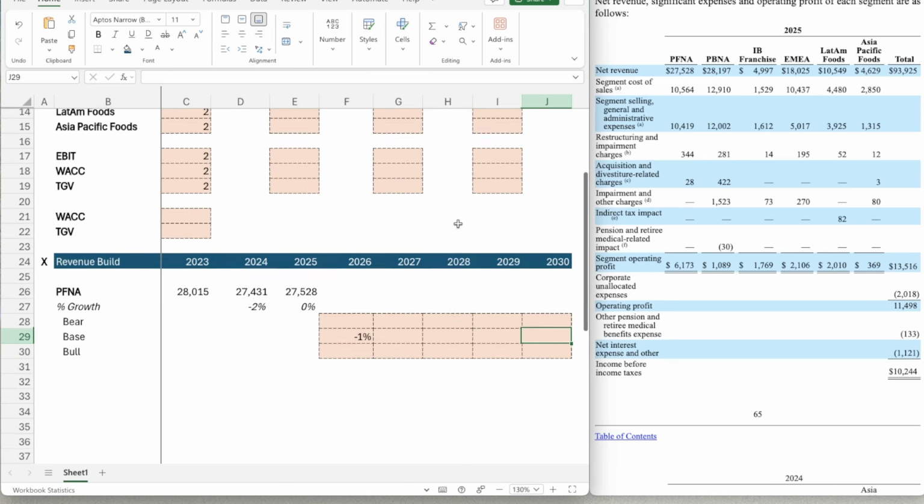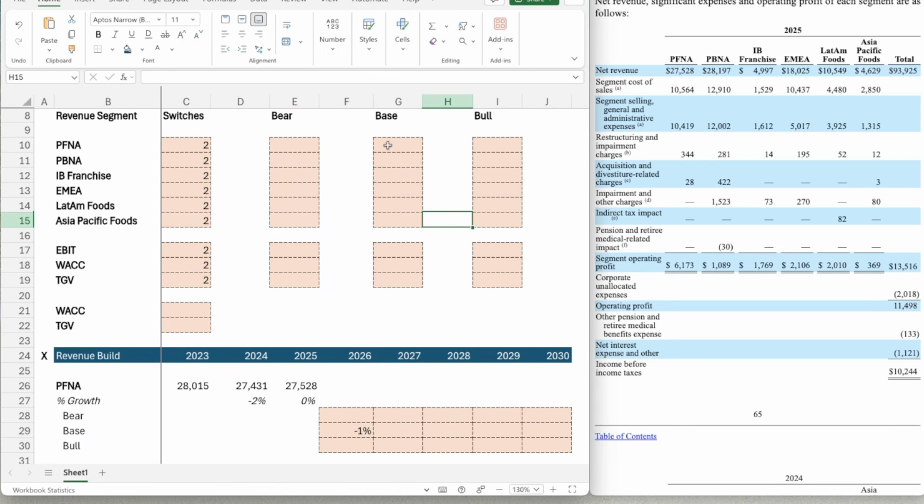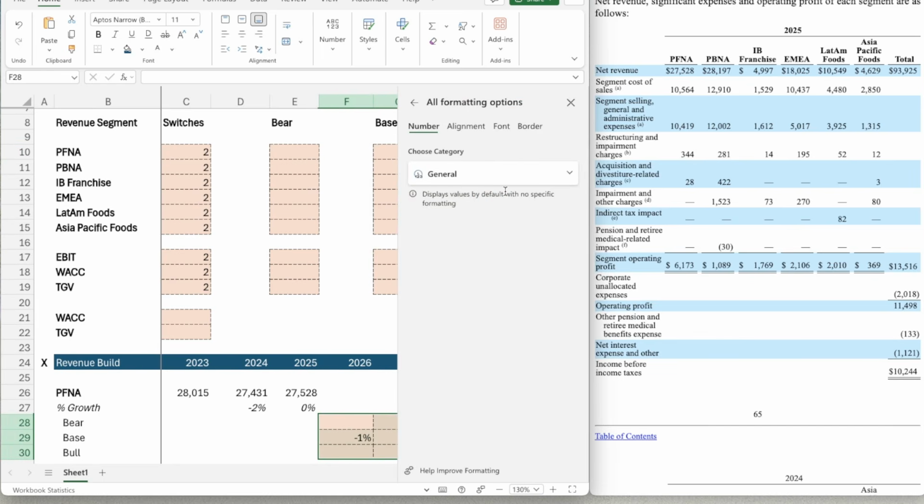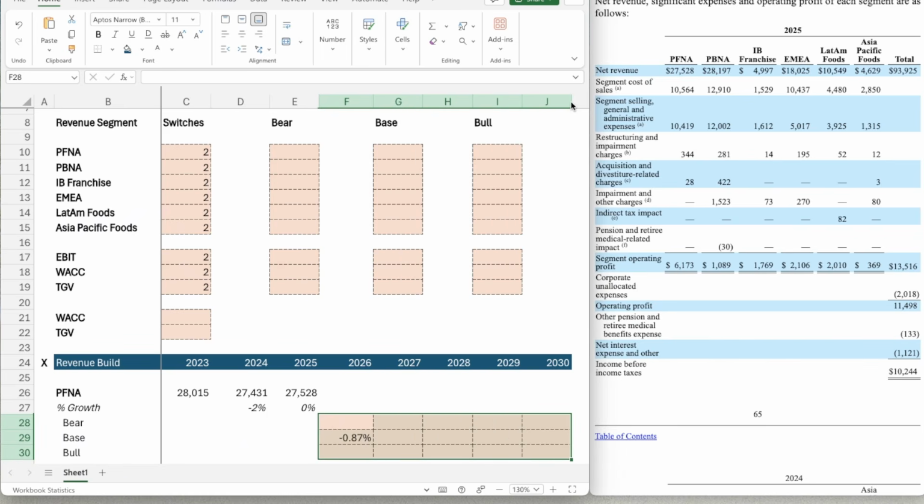We'll put maybe it comes back to 1% growth. Then can we do 2 decimals?